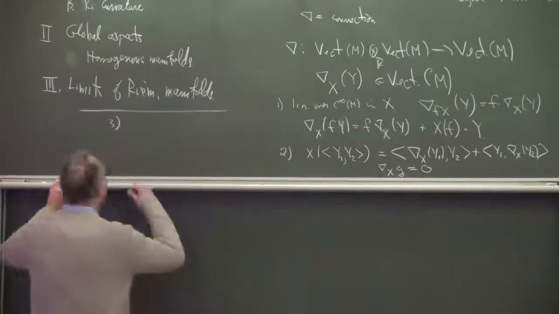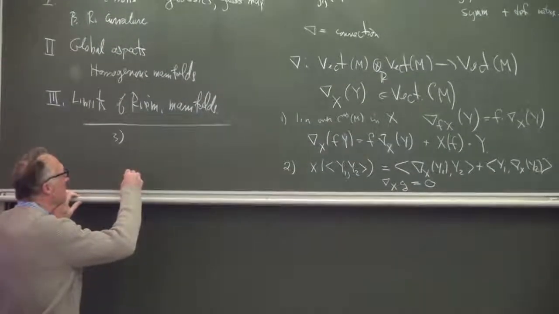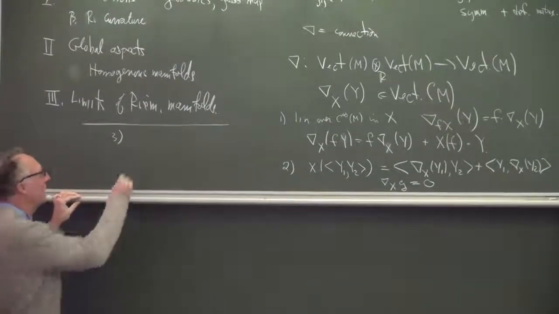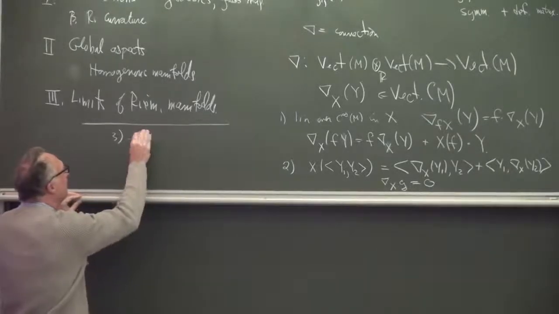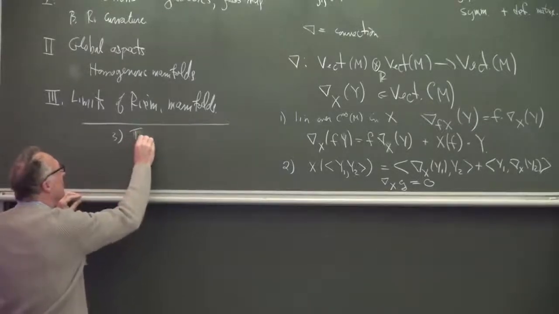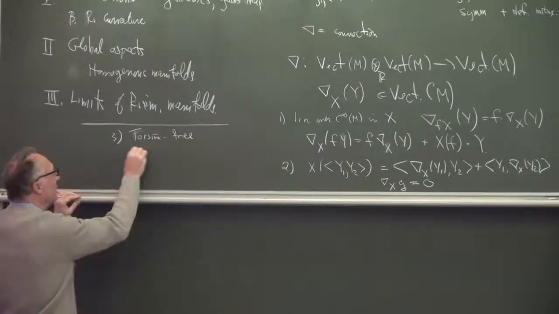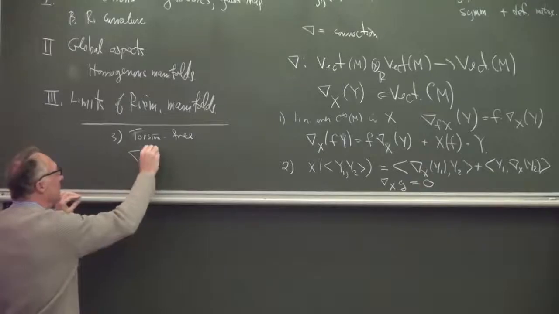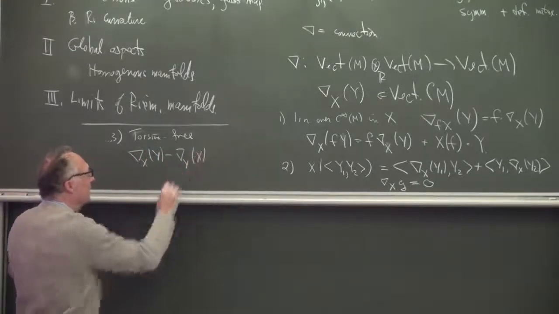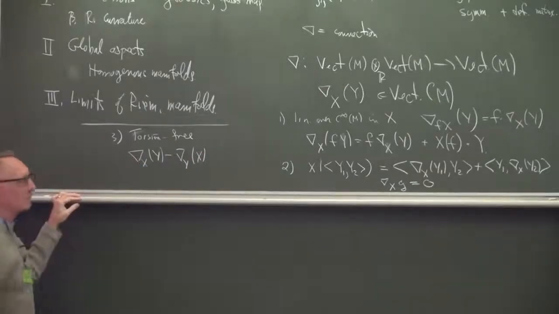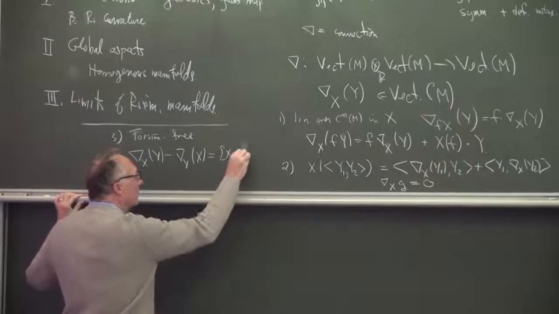And the last, to me, is a completely mysterious condition. I don't understand it geometrically, but algebraically it's a beautiful condition. It's the torsion-free condition. It says that if you take the difference of the covariant derivatives in the two orders, you switch the variables, you simply get the Lie bracket of the two vector fields.